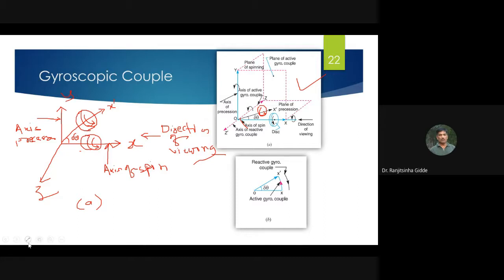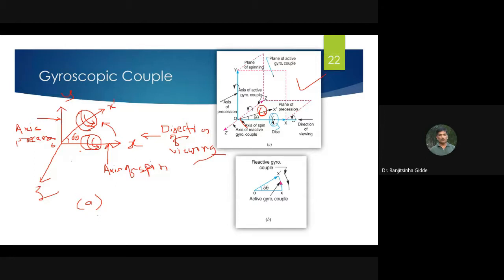So this OX is rotated in the horizontal plane through delta theta in delta t time.